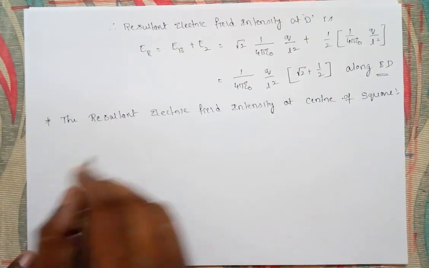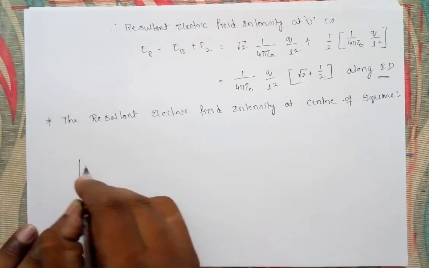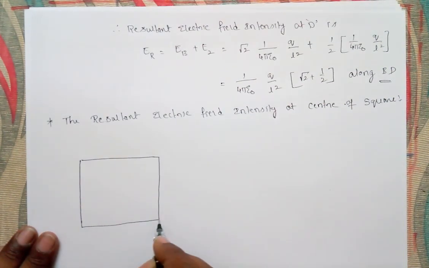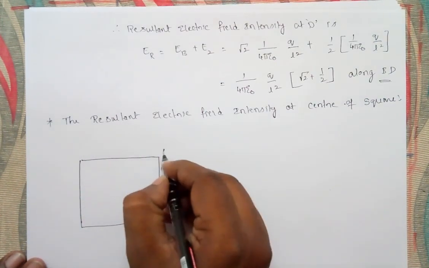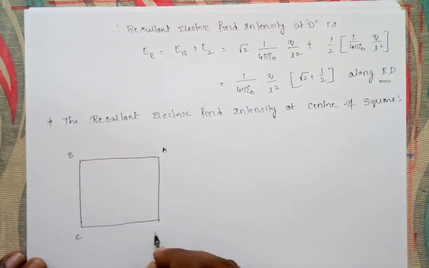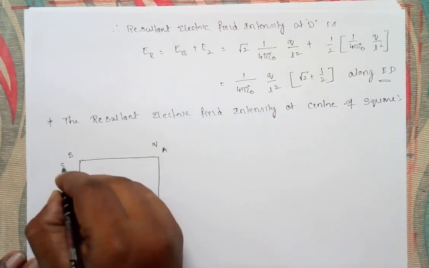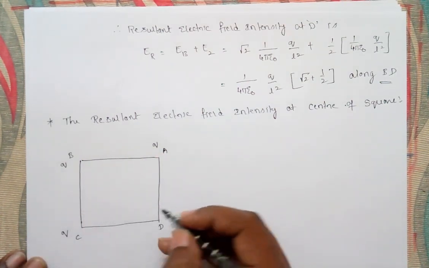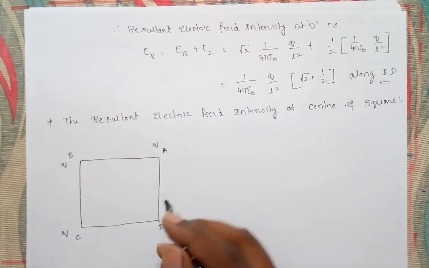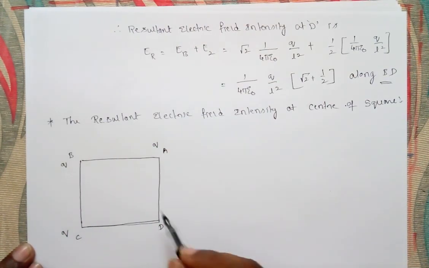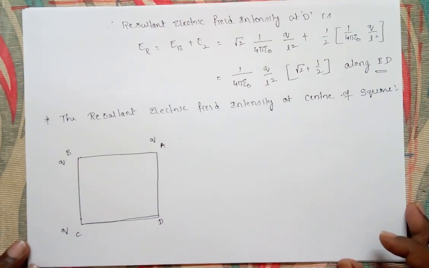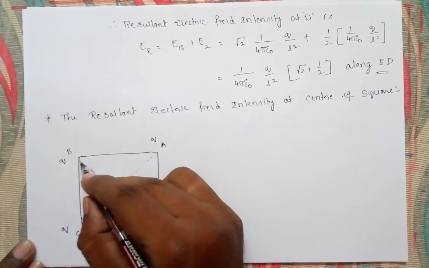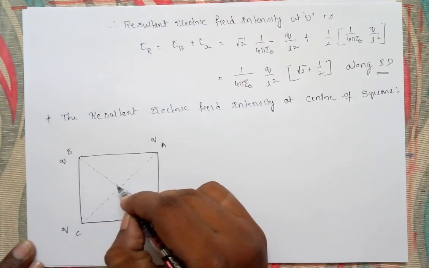In the same way as earlier, the charges at A, B, C, three of the four corners, are Q. Now we are discussing the electric field intensity not at any one of the corners, but at the center, where the two diagonals meet.